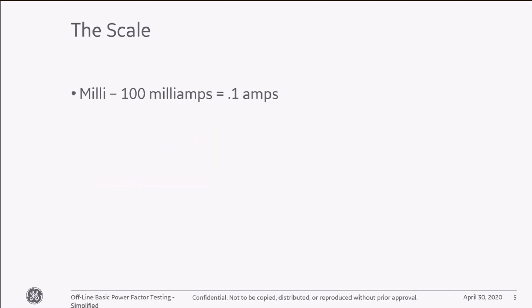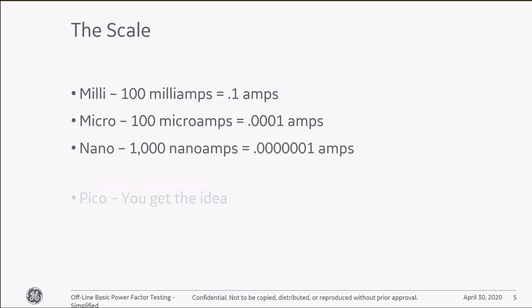So the scale we're going to talk about is, and I think we put this up a few weeks ago, most of the time discussed in milliamps when you talk about your measurements in the substation, and we'll get into why in a minute. If you converted 100 milliamps to amps, it's just 0.1 amps. So these are small currents. Microamps, again, 0.001 amps, pretty low when you think about it.